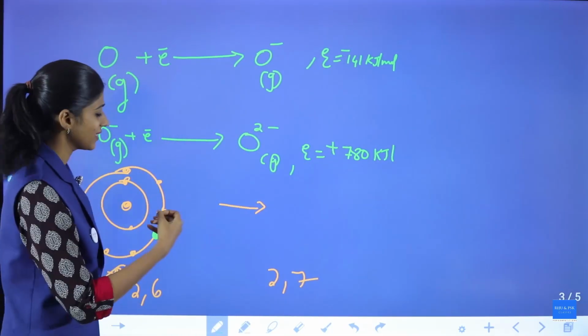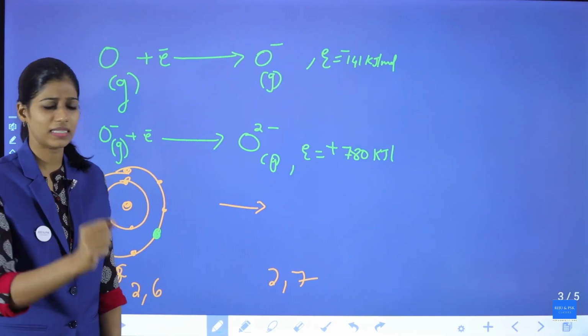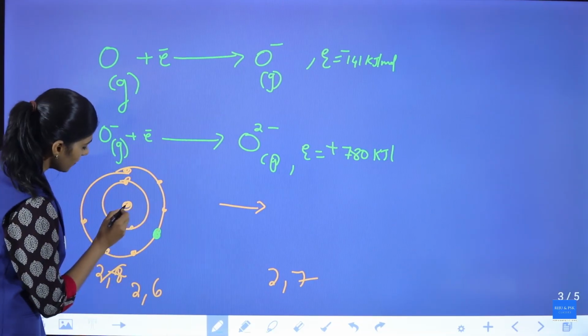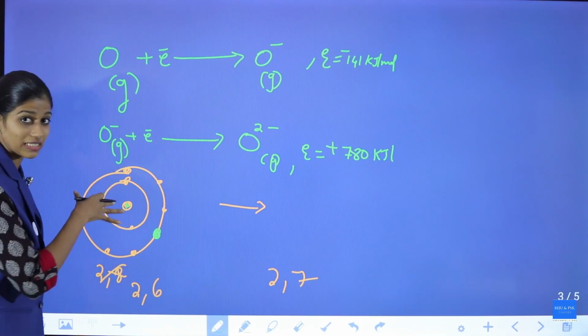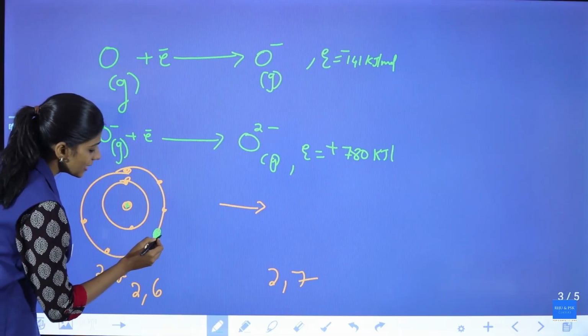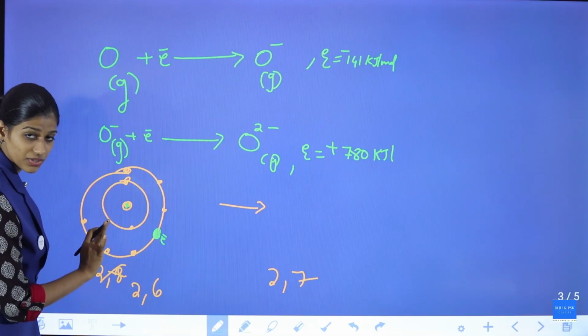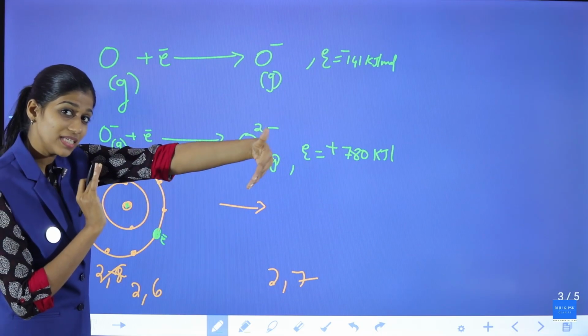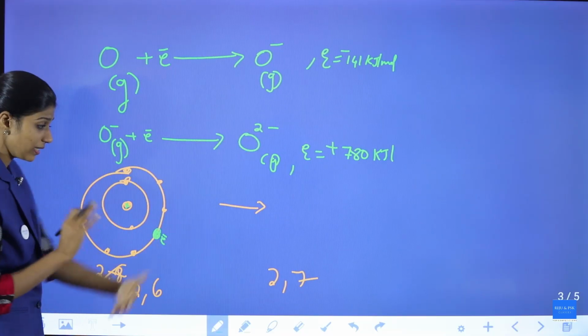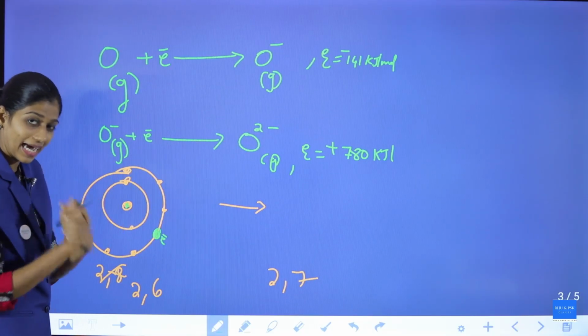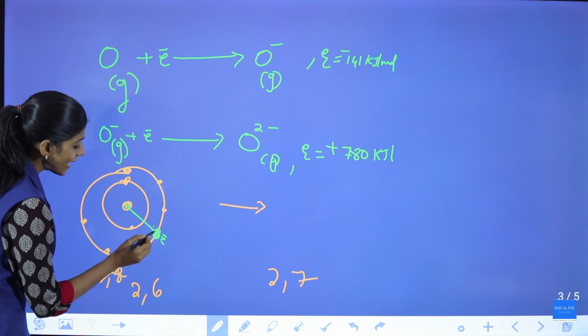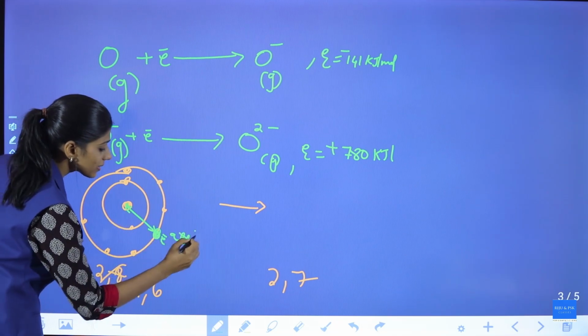And listen dear children, ee concept nannayittu manasilaakanam. So here this is your nucleus which is positively charged, and this is the electron which is negatively charged. So when an electron is added to the valence shell, a new attraction is built up, right?